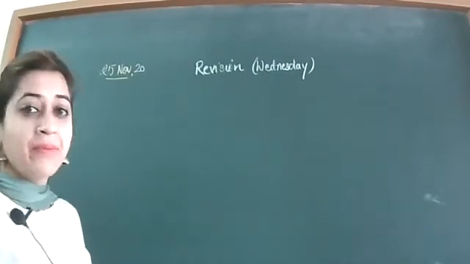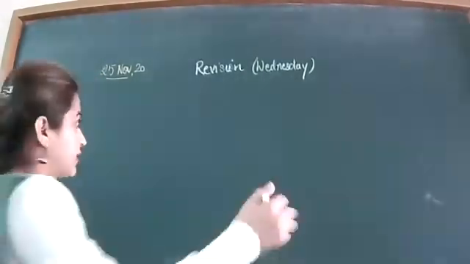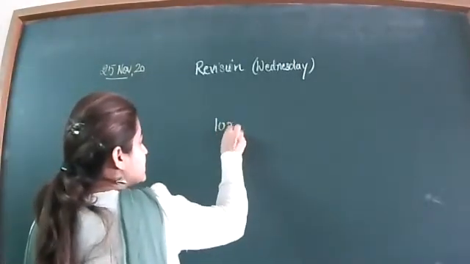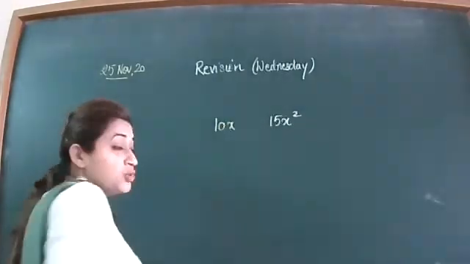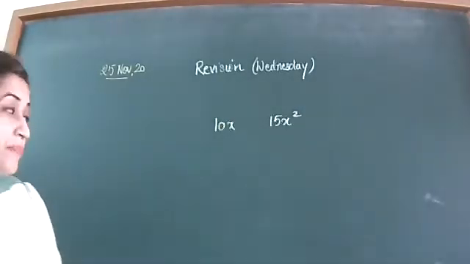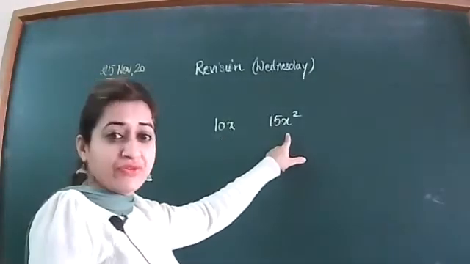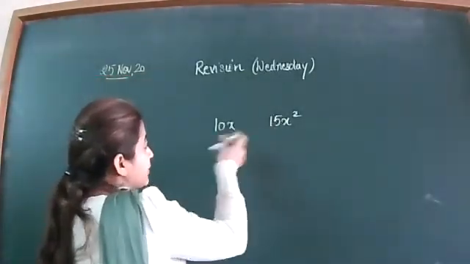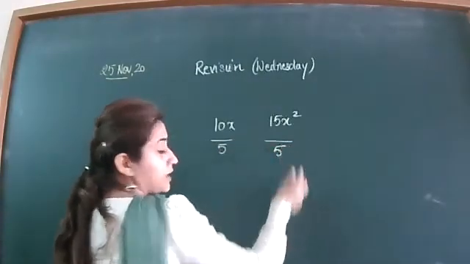What do you mean by greatest common divisor or greatest common factor? Suppose you are given 10x and 15x square. You have to decide the number that will divide both 10x and 15x. You can see that 5 can divide both the numbers.